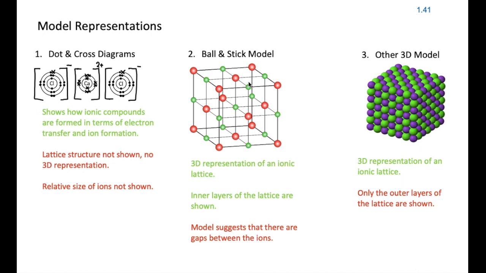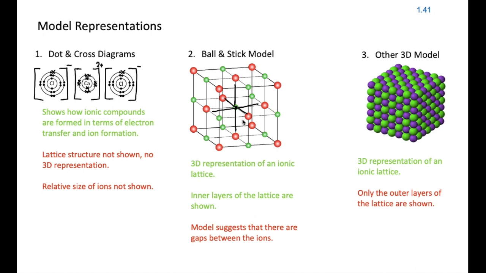And you can actually see, if you look at this green ion in the middle here, there are 6 ions of opposite charge to which this green particle is directly attracted to. And so that's what we mean when I said there was electrostatic attractions in all directions. And this is true of every single ion in this lattice except maybe some which are on the edges. Unfortunately, the model does suggest that there are large gaps between the ions when in reality they're packed together very closely.